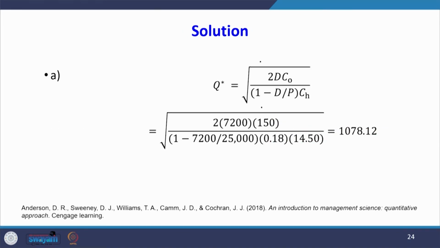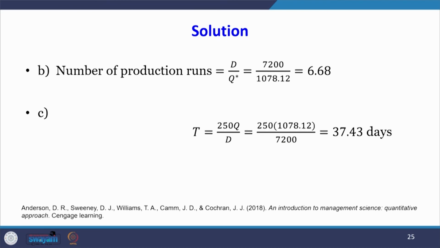First we will find the production run quantity. Q star is the square root of 2 D C naught divided by (1 minus D upon P) multiplied by CH. The annual demand is given as 7200, the ordering cost is also given, and the production capacity is also given. So, 7200 upon 25,000. Then we find the annual holding cost. So, 1078.12 is the optimal production quantity, otherwise the optimal lot size.